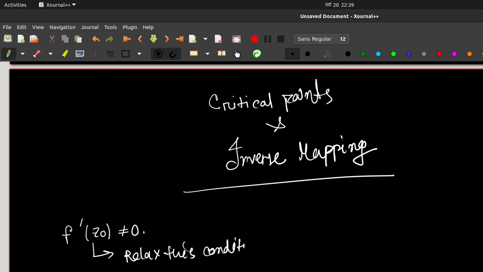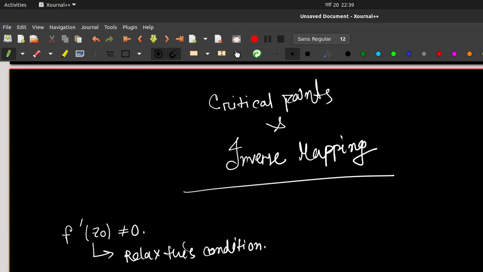By this I mean that we have some analytic function in a domain, or some mapping given by f of z from the z to the w plane, and this is also non-constant in our domain.